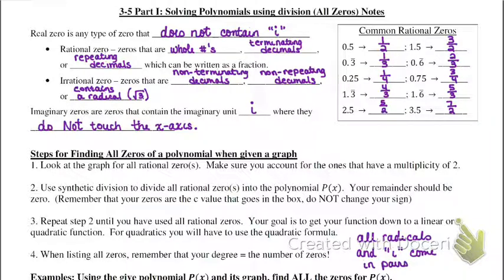So if I have a zero at the square root of 3, I also have a zero at negative square root of 3. If I have a zero at 2i, I have one at negative 2i. They have to come in pairs. We cannot have just one.